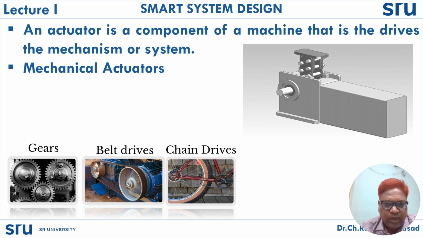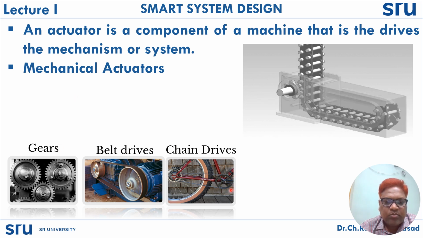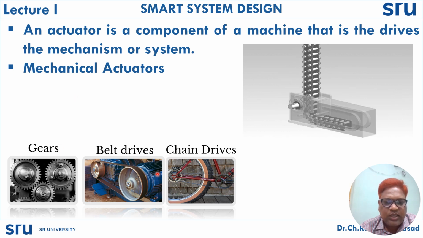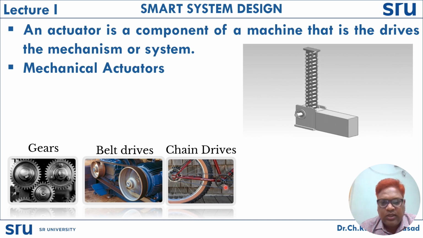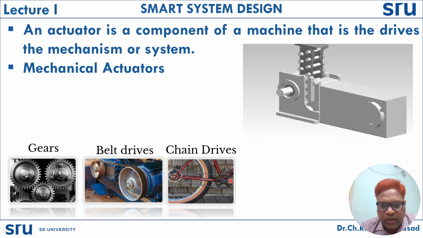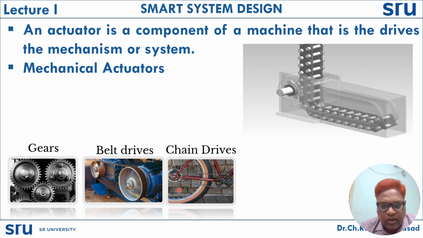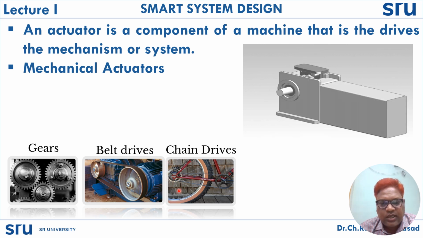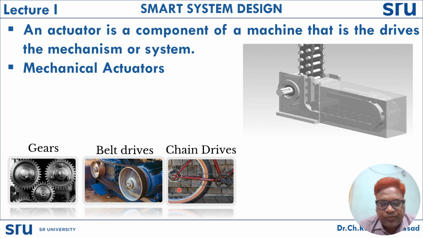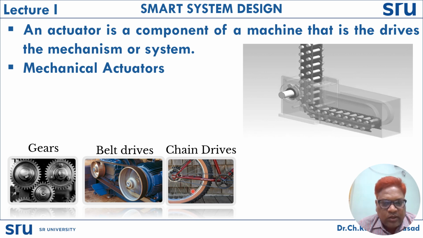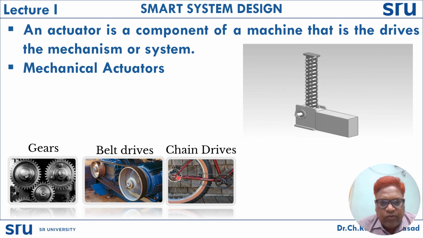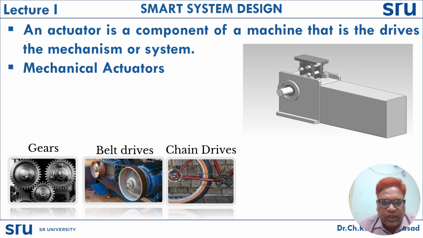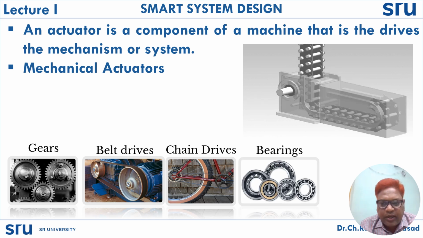Suppose in a bicycle, the pedal system is moving, and the back wheel is moving. That means the rotational motion of the pedal wheel is transferred to the wheel of the cycle. And one more system is the bearing.